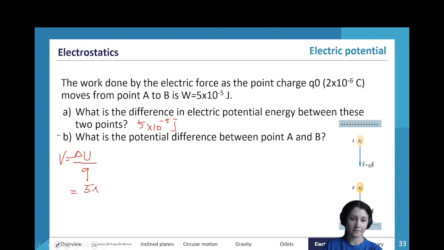So we're going to have 5 times 10 to the negative 5 divided by the charge, which is 2 times 10 to the negative 6 coulombs. So we're going to have 5 times 10 to the negative 5 divided by 2 times 10 to the negative 6, which gives us an answer of 25 volts. And that is our potential difference.